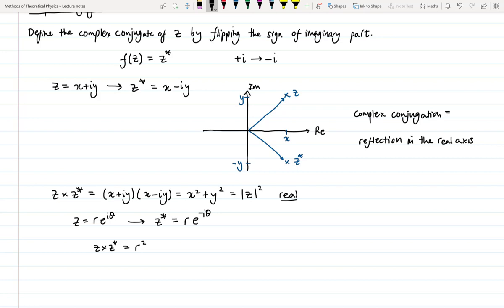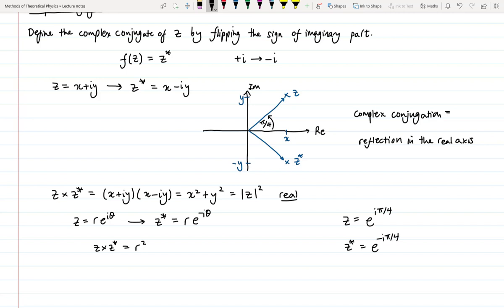There's an important point to make about principal values of the angles in the complex plane. If we have the complex number z is e to the i pi by 4, which in this diagram would mean that this angle here is pi by 4, then its complex conjugate, z star, would be described by e to the minus i pi by 4.